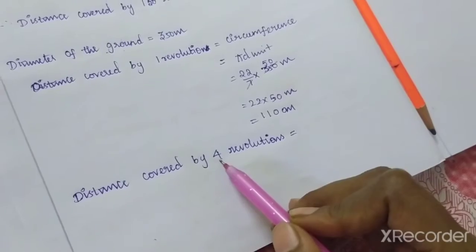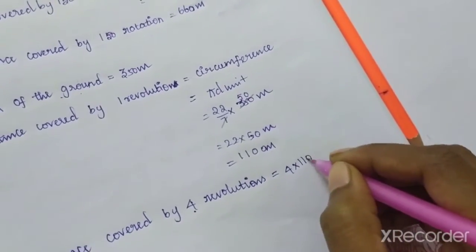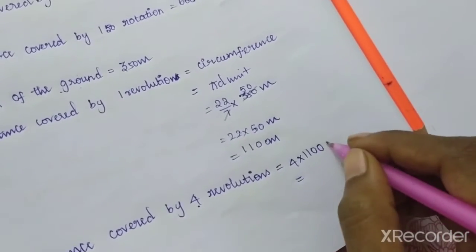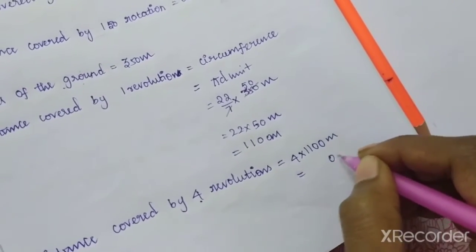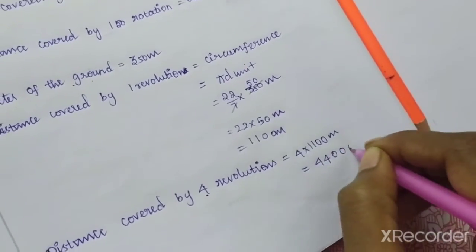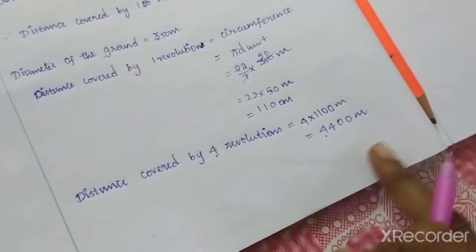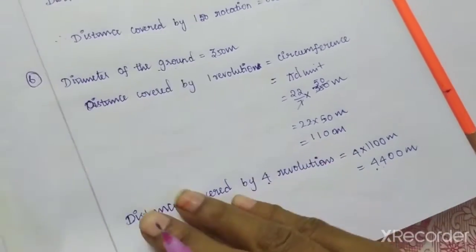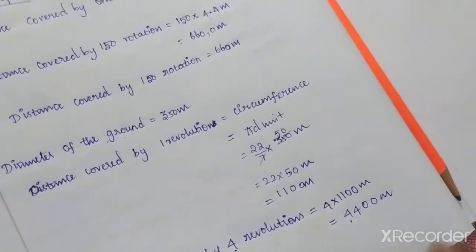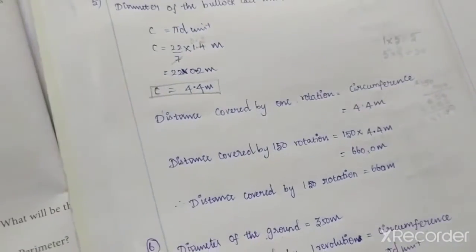So I need 4 revolutions means 4 into that revolution. How much? So 0 0 4 4. Are you clear? 4400 meter for 4 revolutions. For the athlete rounds, 4400 meters.